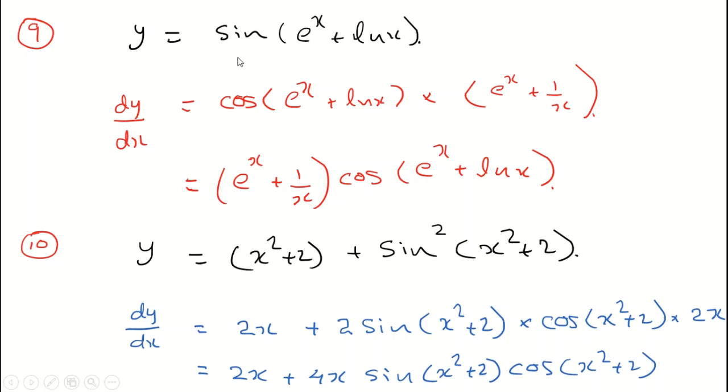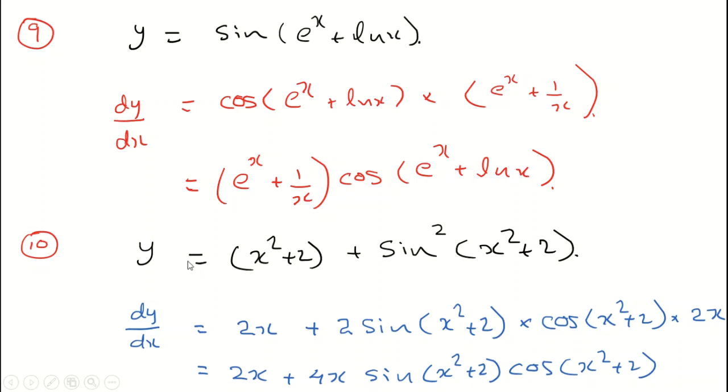Y equals sin of e to the power x plus ln x. dy over dx is equal to cos of e to the power x plus ln x into, when you differentiate this, e to the power x plus 1 over x. So e to the power x plus 1 over x, cos of e to the power x plus ln x.